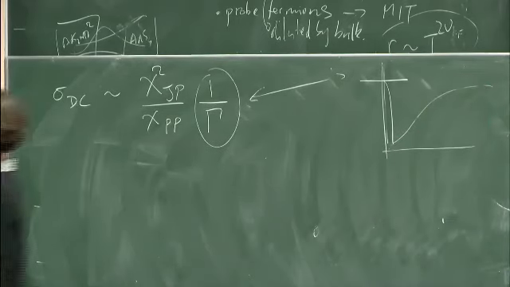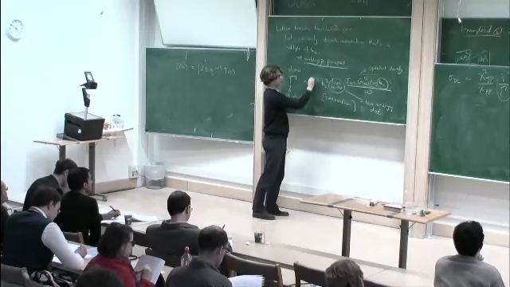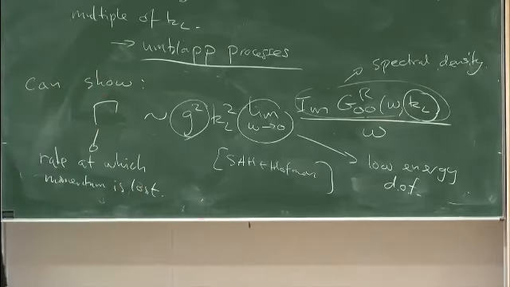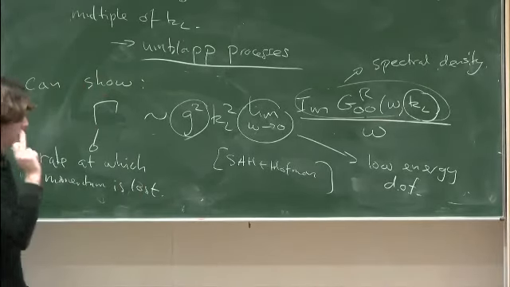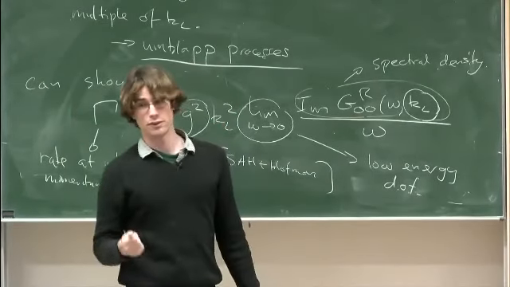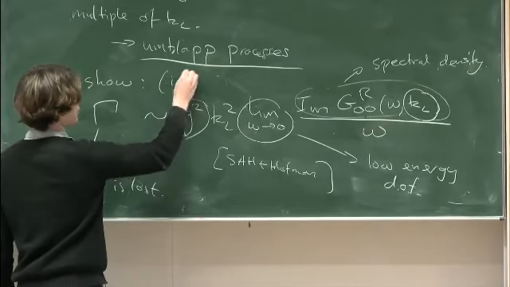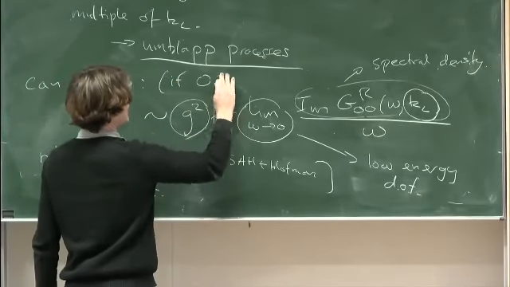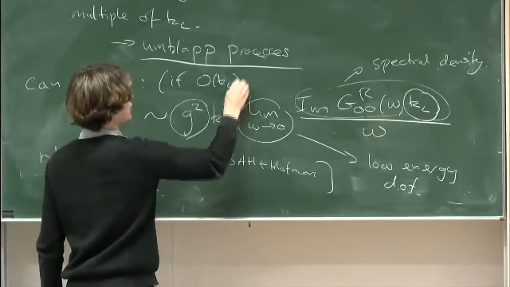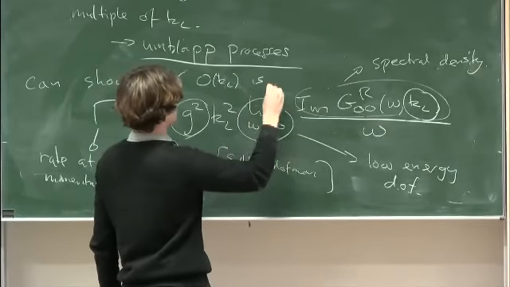This is why it's tricky. This formula, as you might have guessed, is perturbative in this coupling G. So it will be valid if this operator O at K_L is irrelevant at low energies, as David was stressing.